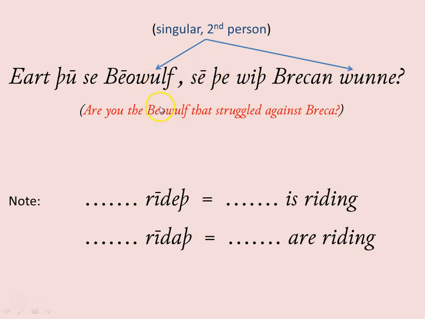So it's the Beowulf who struggled against Breca. And again, note, rideth is riding, ridath are riding. Just to show you that E and thorn and A and thorn gives you this difference in meaning. Both verbs, and the difference is riding as opposed to are riding.